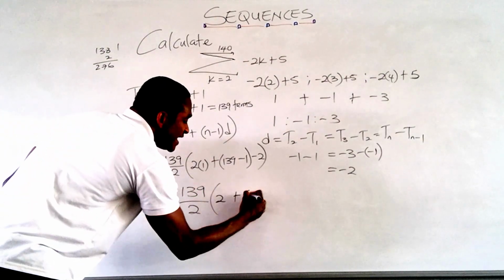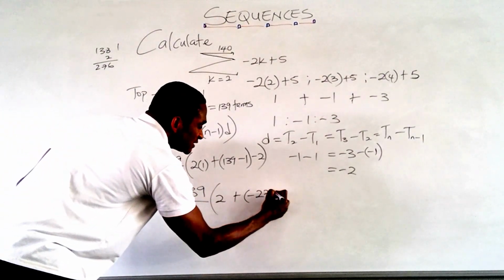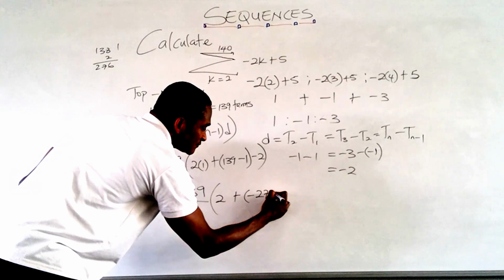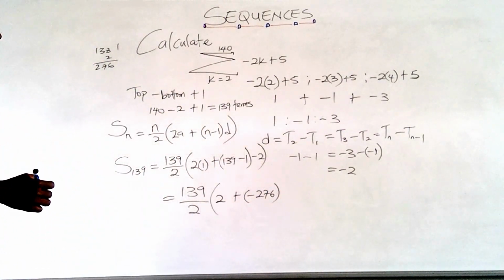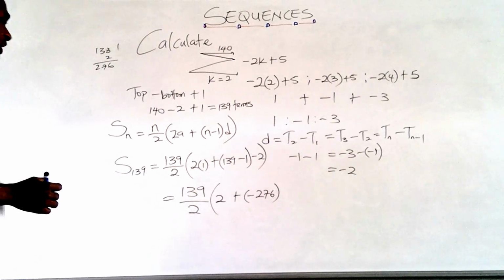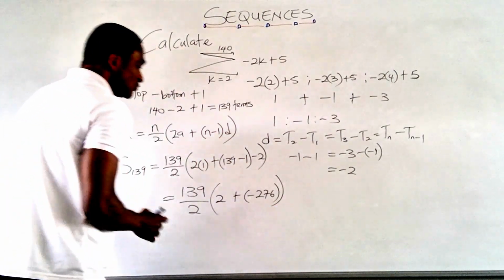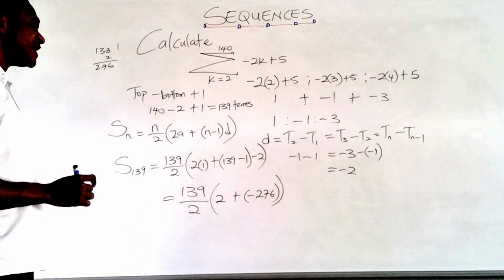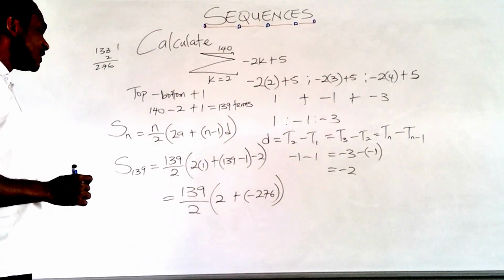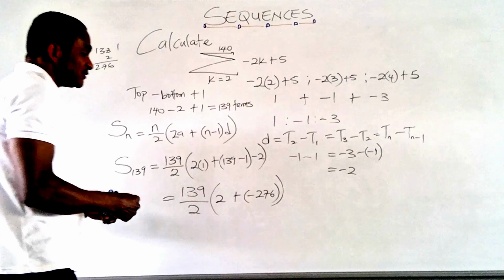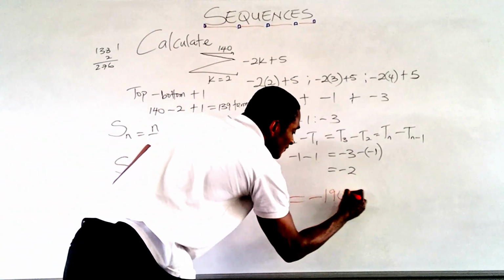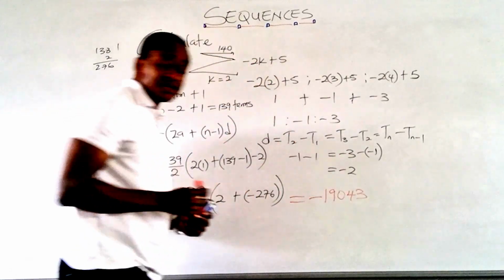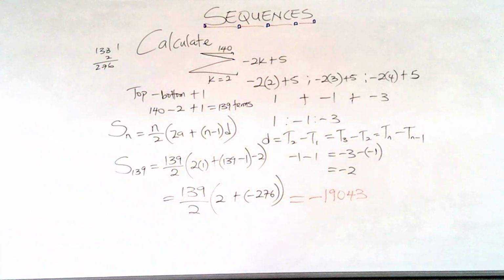So we have negative 276. So 2 minus 276 is negative 274. So this will give us negative 19,043, and that is the final answer there.